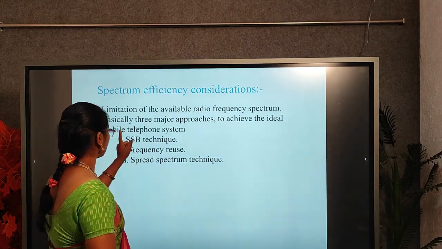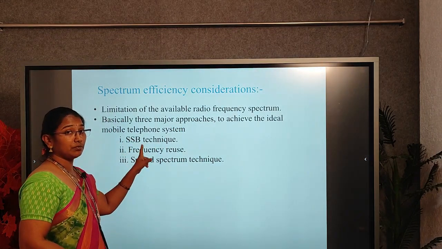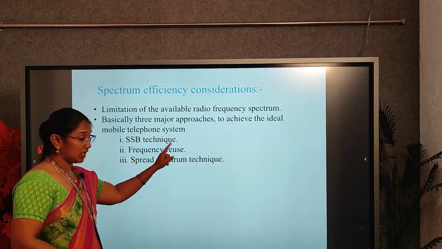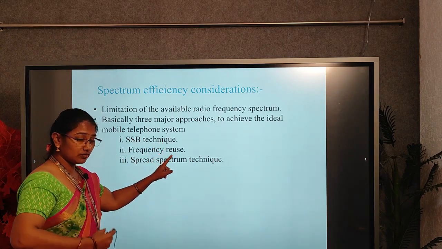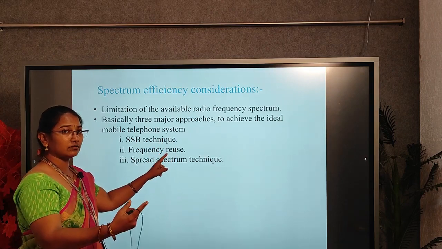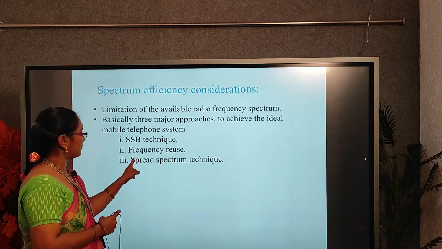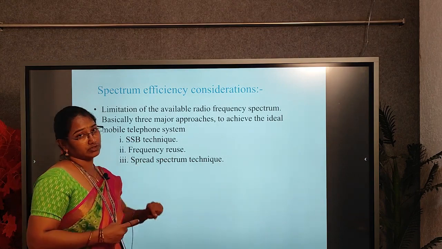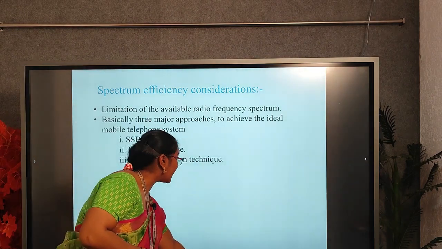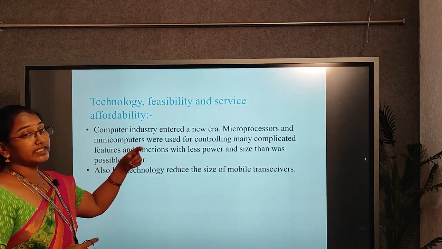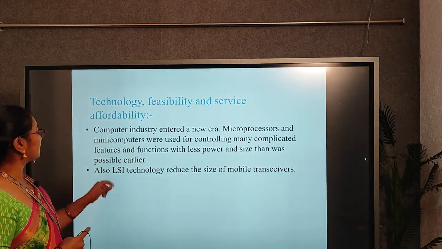First, SSB, the single sideband technique. Second, frequency reuse, which means using the frequency again and again; we will see how it is possible in the next unit. Third, the spread spectrum technique. These are the 3 techniques.